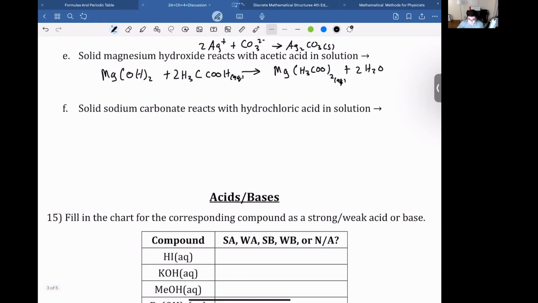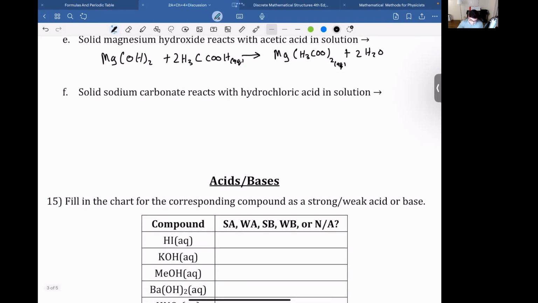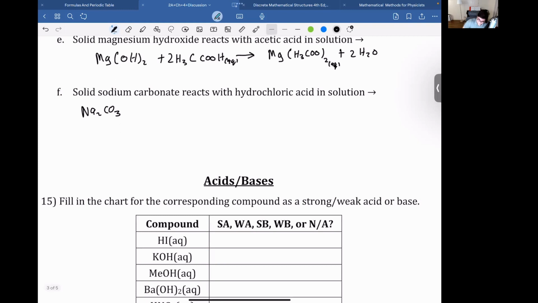For this last one, it's going to be Na2CO3 again, so sodium carbonate plus HCl. Then we're doing a double replacement, so NaCl plus H2CO3.